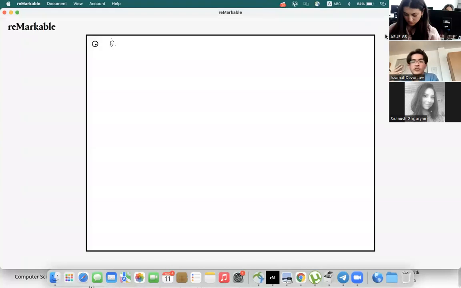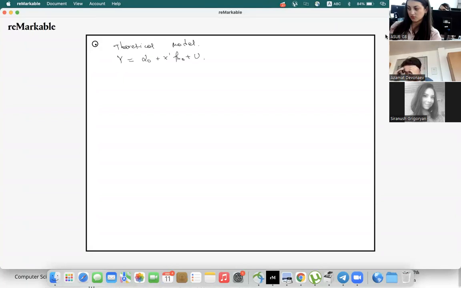So what we are going to do is basically recover, to estimate the theoretical model. Let me write it this way. Theoretical model, again. This is the theoretical model.